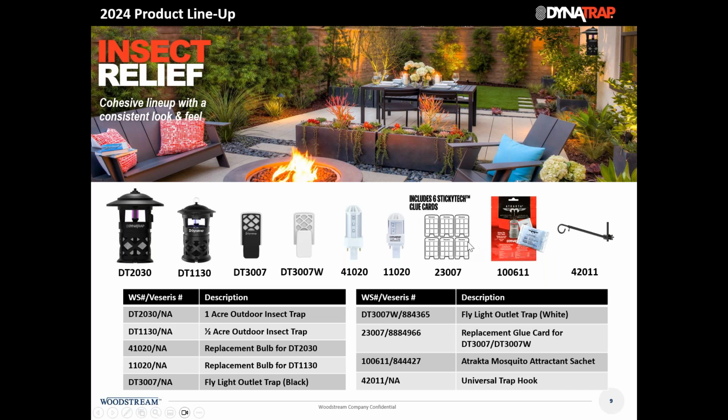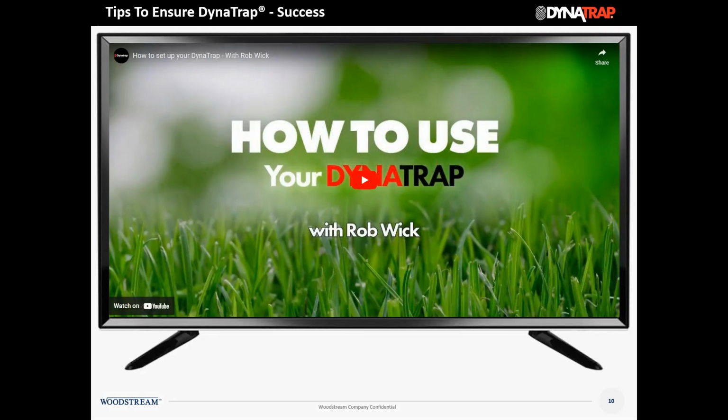And we'll go over those in a minute. But this is the lineup. This will be available afterwards, so you can reference item numbers. And then Veseris, if they bring some of these in, will have their own item numbers as well.